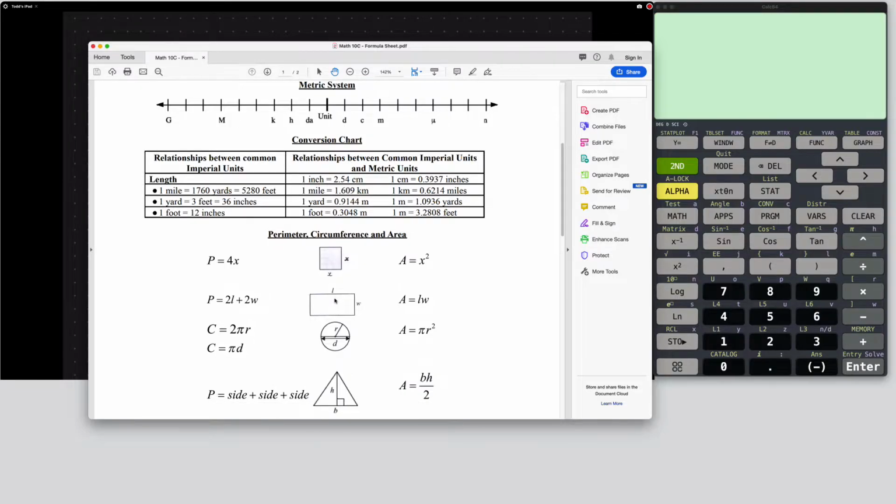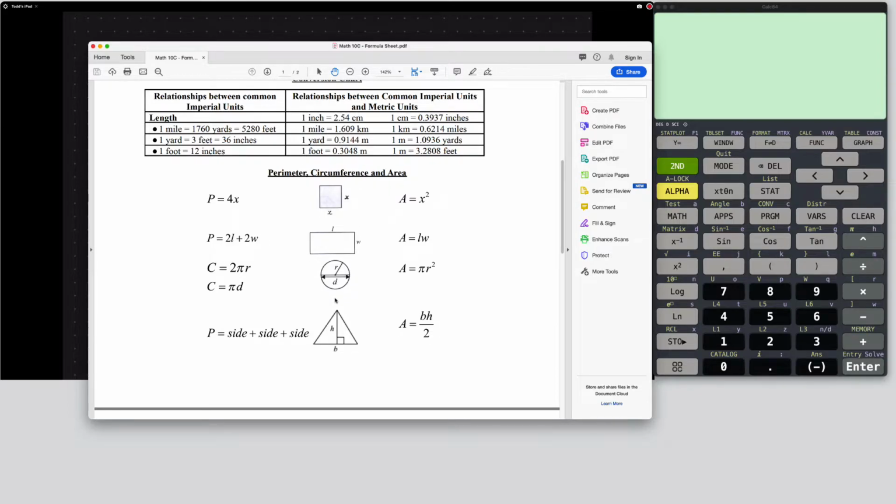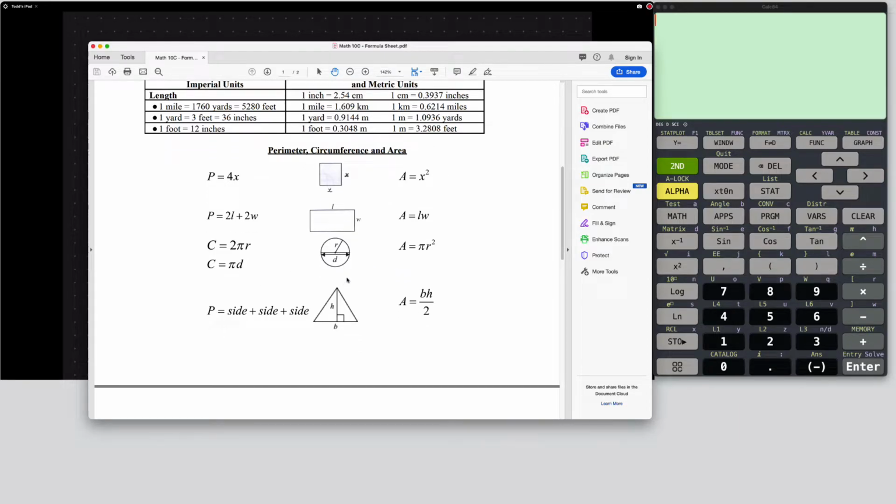Okay, and then below here we've got basic geometry formulas. So we've got area and perimeter of a square, a rectangle, circumference and area of a circle, and showing that diameter is twice the radius and radius is half the diameter.